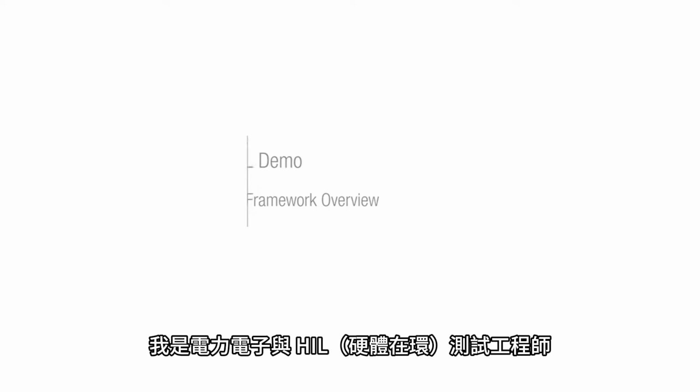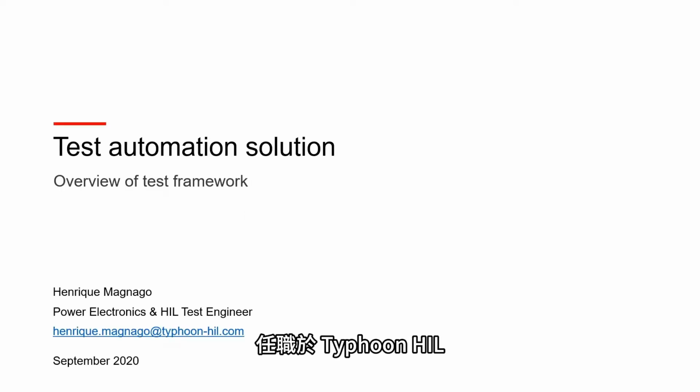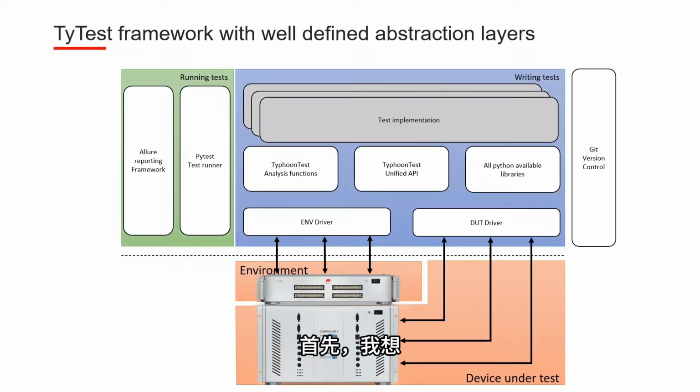I am a power electronics and HIL test engineer here at Typhoon HIL, and today I'll be showing you this overview of our test framework and some of its features. To get started, I would like to show a couple of images to give an overview of how it's structured.